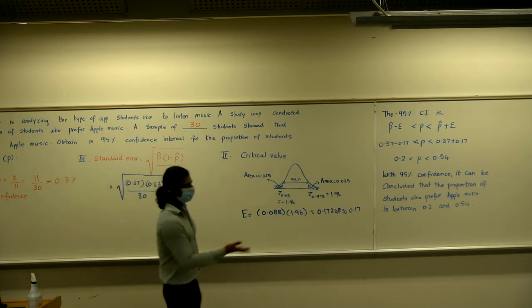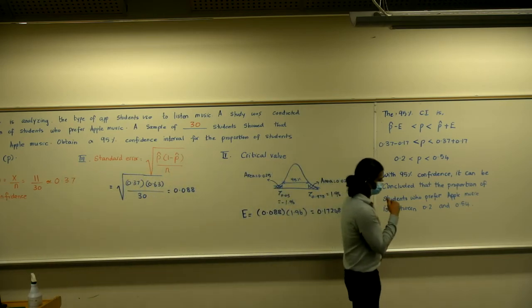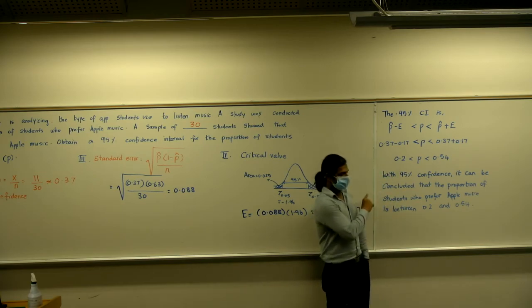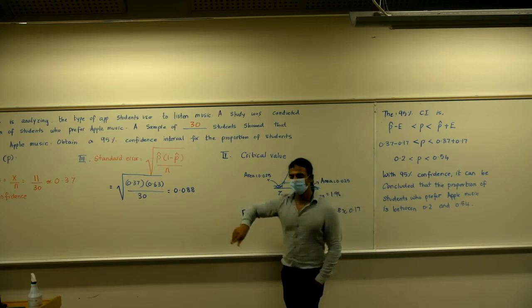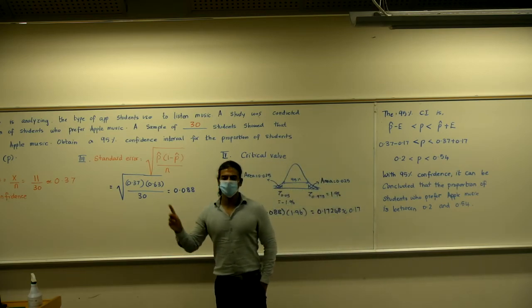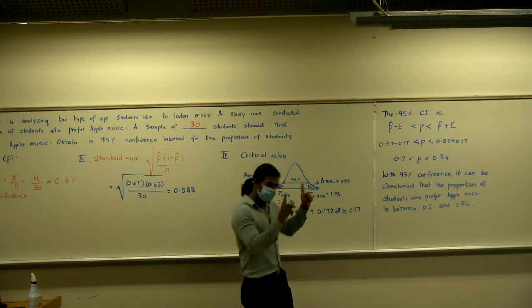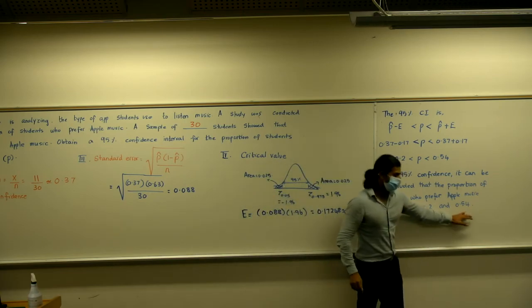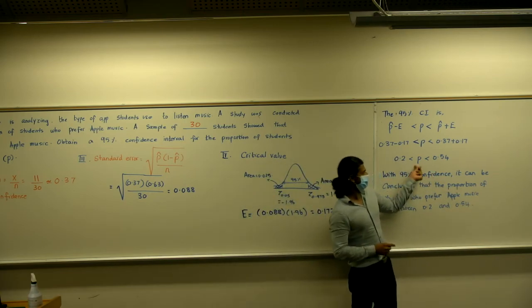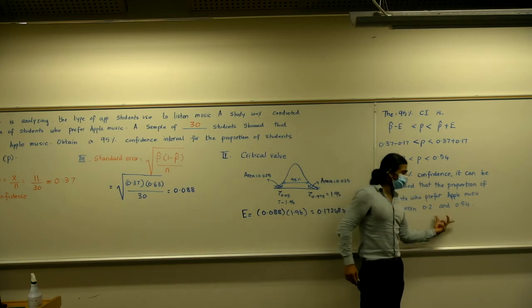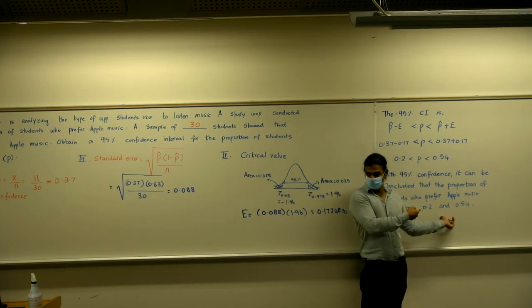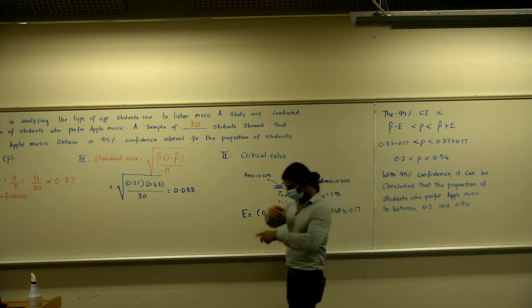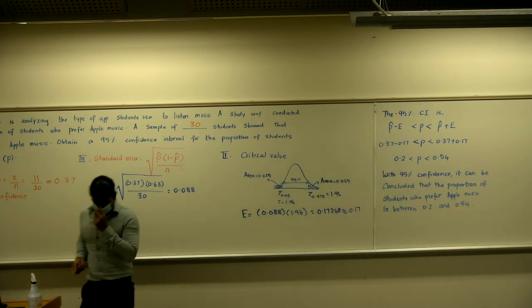This simply means if I collected 100 samples, 95 out of those 100 would give me an interval that would match, a value p hat that would fall between 0.2 and 0.54. Does that make sense? So it's based on frequency of sampling.